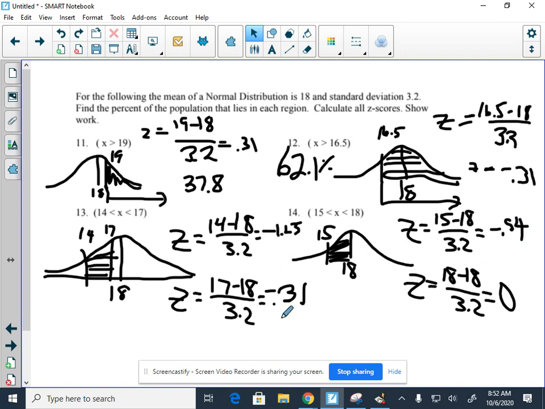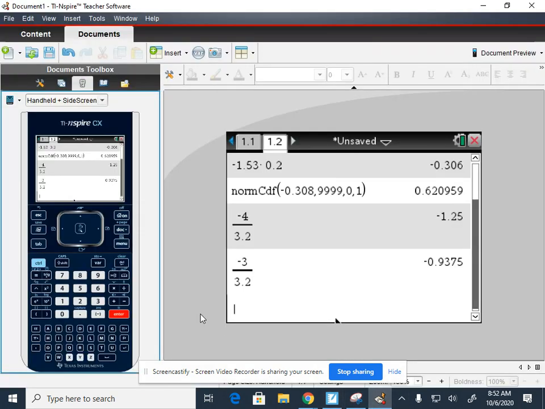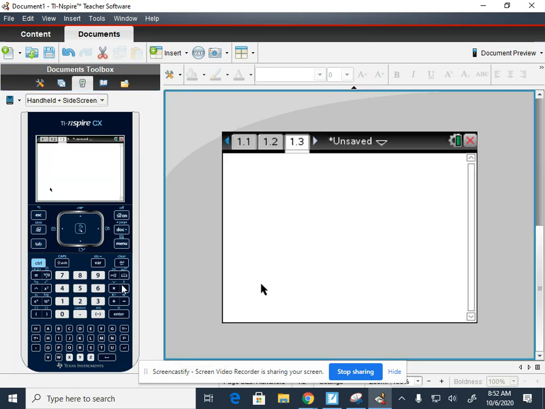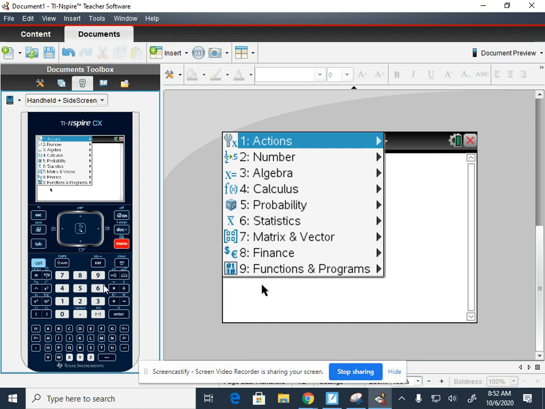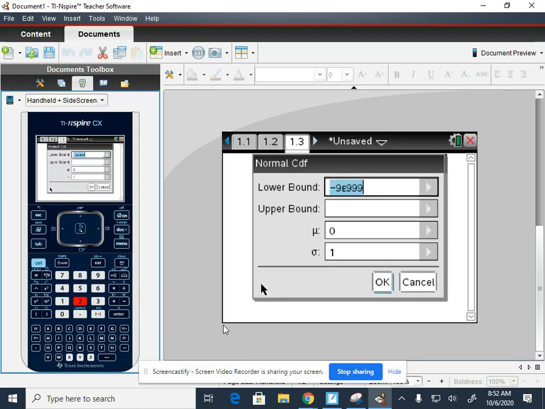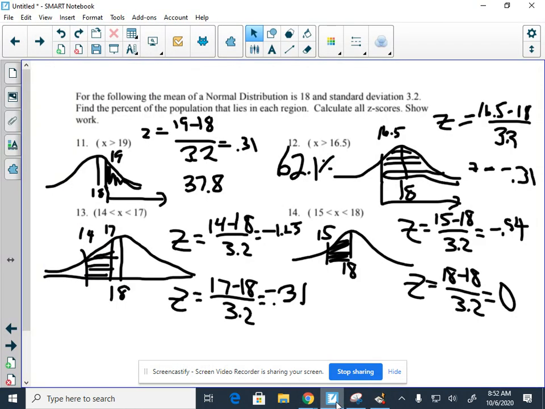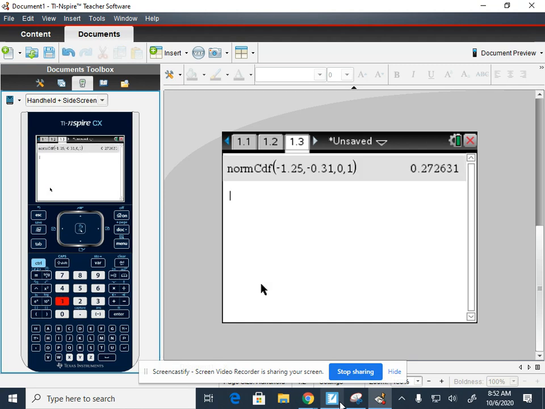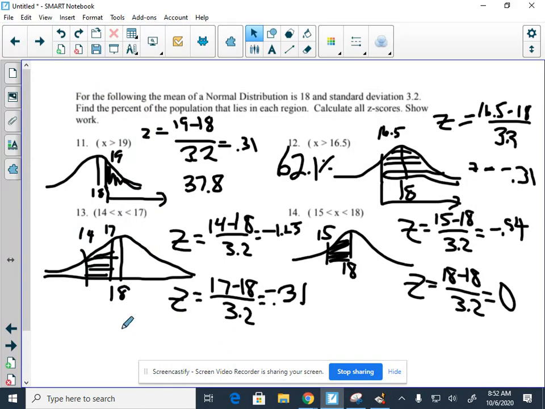Now you're going between those, so you can use the z-scores. So we do a menu 652, and we go lower bound and upper bound. Our lower bound would be -1.25, right? -1.25 to -0.31. Yep. So that was 27.3%.